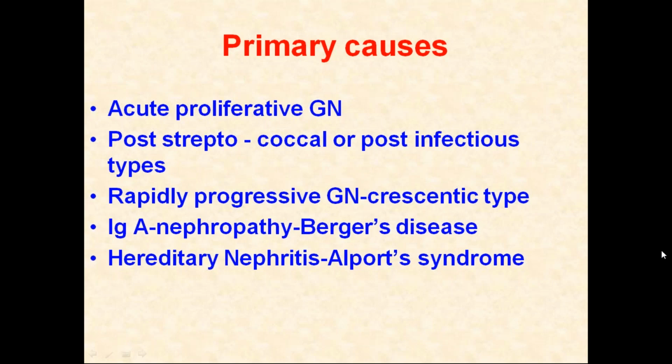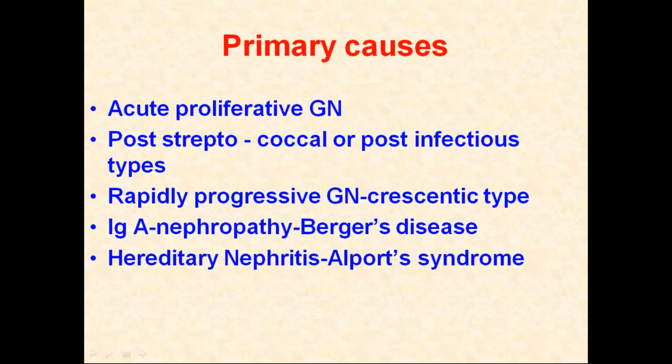Causes of glomerular nephritis can be acute proliferative glomerular nephritis, post-streptococcal or post-infectious glomerular nephritis. You can have rapidly proliferating glomerular nephritis.